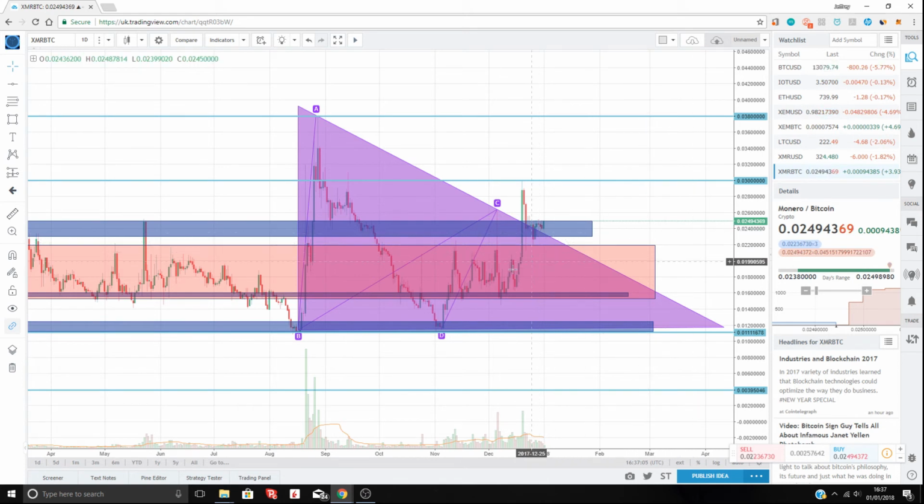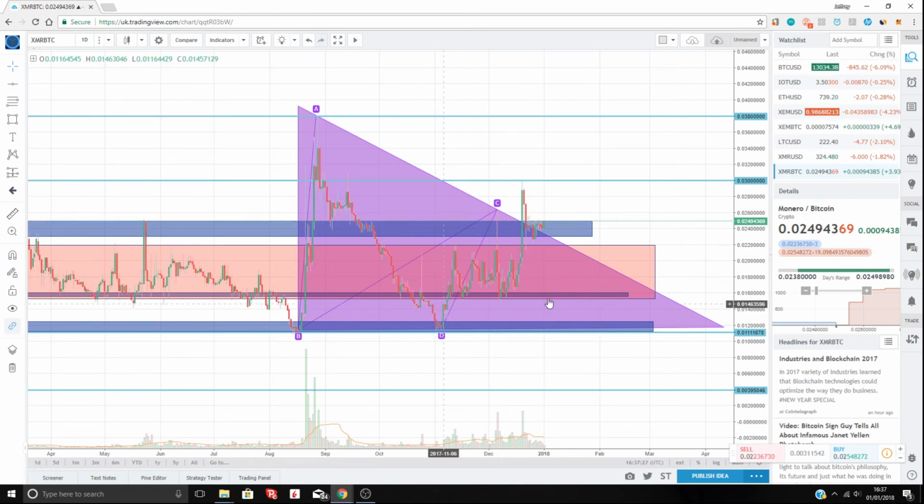But in terms of entries, the 0.024 area and all these levels below, to be honest, I can't really see it getting below 0.016 in my opinion. But yeah, that's just me.